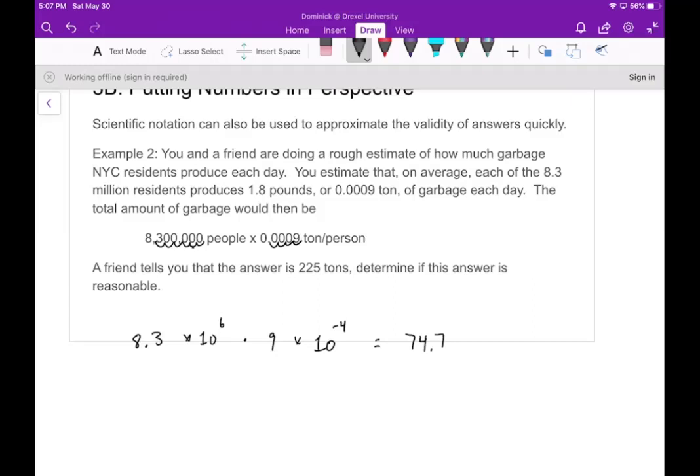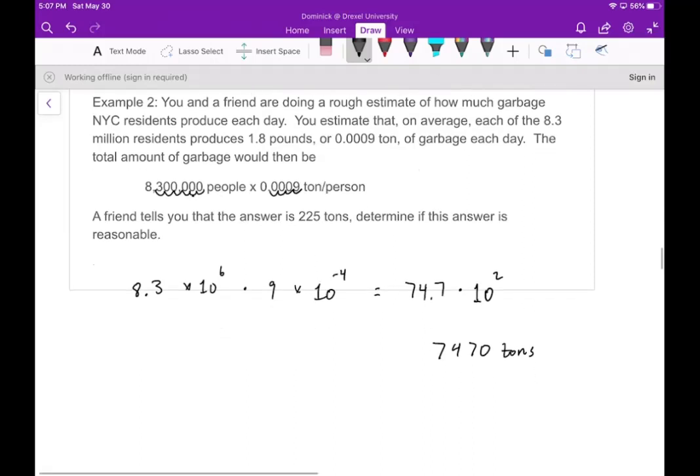Now the powers of 10 will end up giving me a 10 squared, right? So of course, this gives me 74.7 times 10 squared, which is like 7470 tons, right?